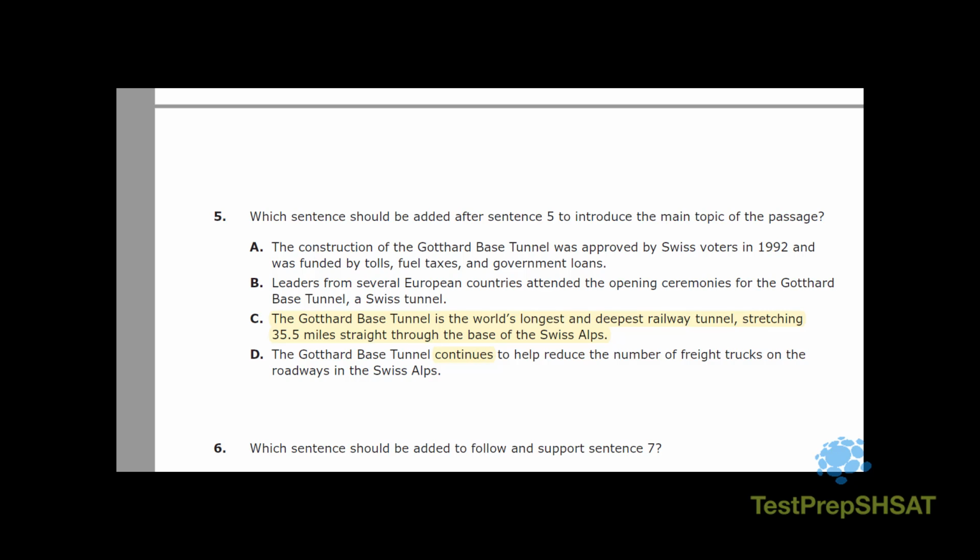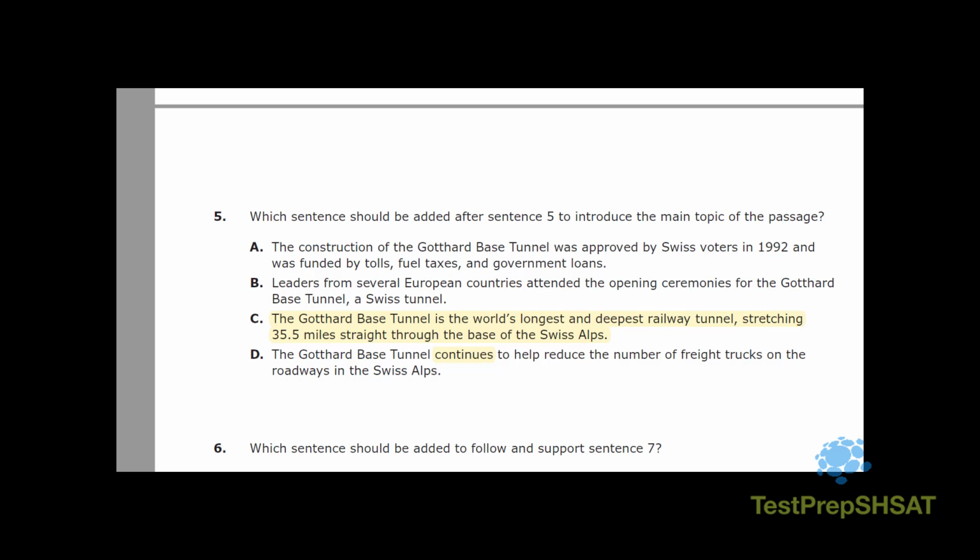A, the construction of the Goddard-based tunnel was approved by Swiss voters in '92 and was funded by tolls, fuels, taxes, government loans. No, nothing in the passage later talks about who approved it and how it was funded. That's irrelevant to this passage.